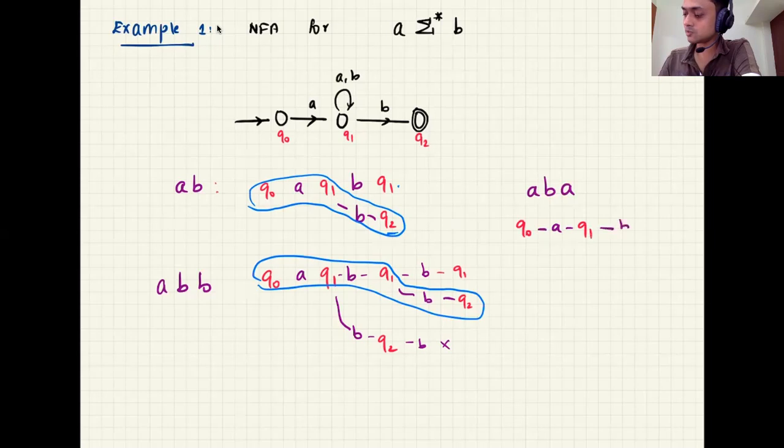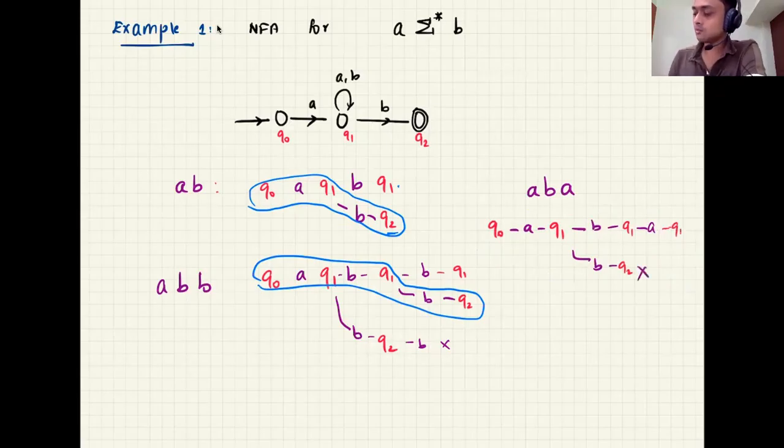There are two options. Stay at Q1, or go to Q2. Then there is one more A to be read. From Q1 on an A, I have to stay at Q1. But from Q2, I cannot read any more A's.